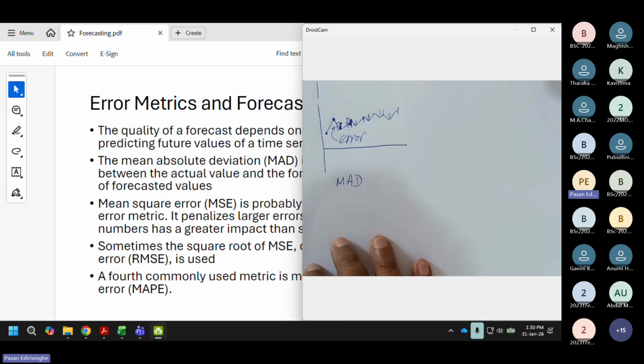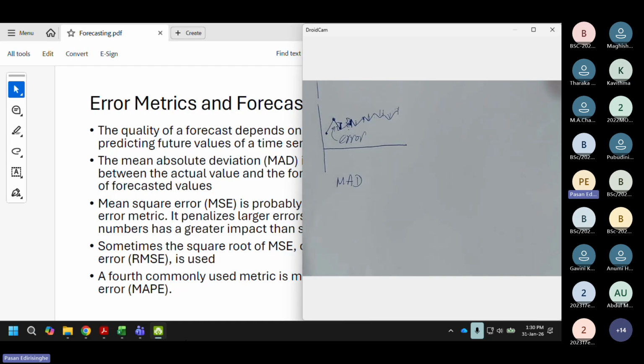So whenever you are comparing them, if you just try to add all these errors, positives and negatives will cancel out, and your error will become a very small number, right? But we know that's not the actual value that we are expecting.